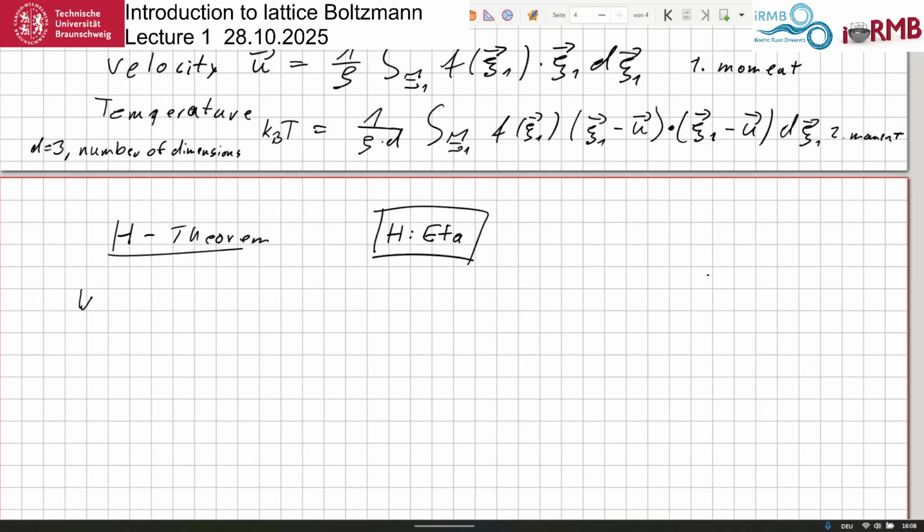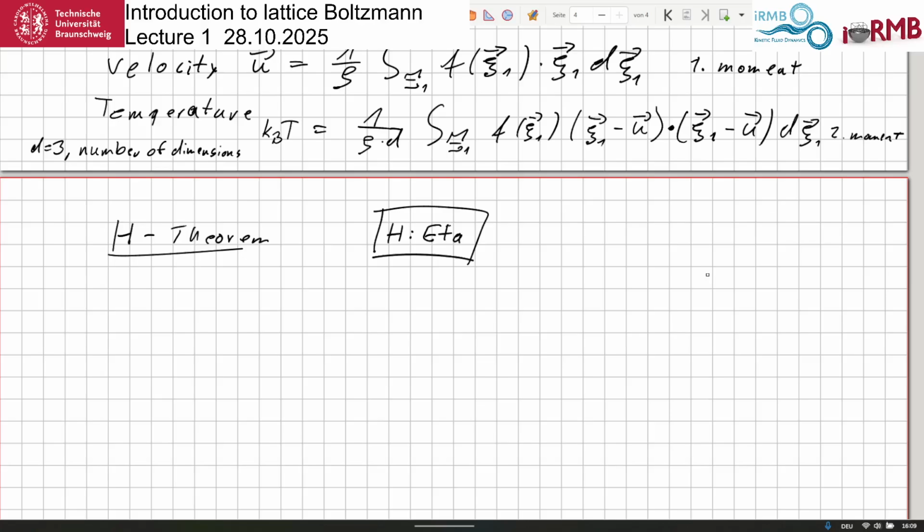And here we'll need this to see where the collision is driving the distribution of the particles.